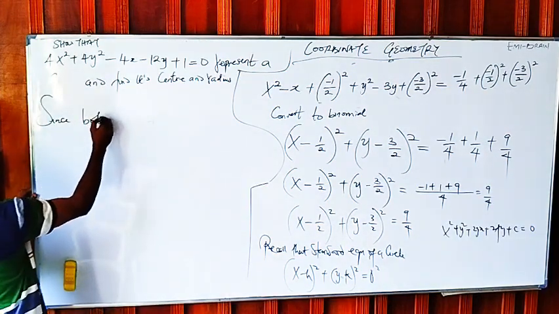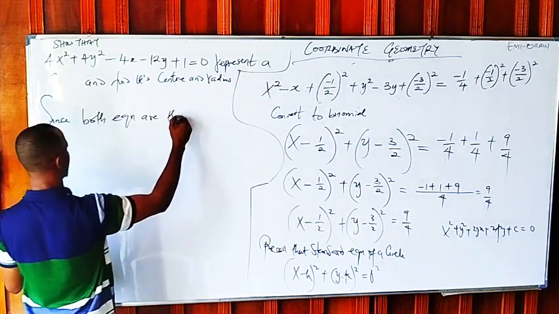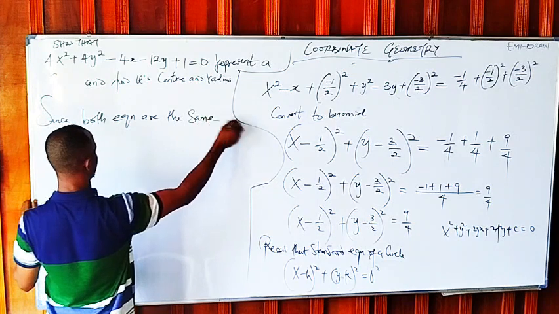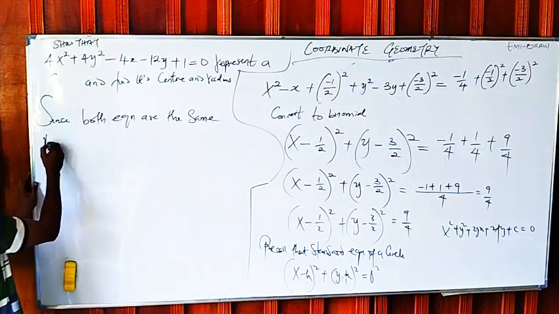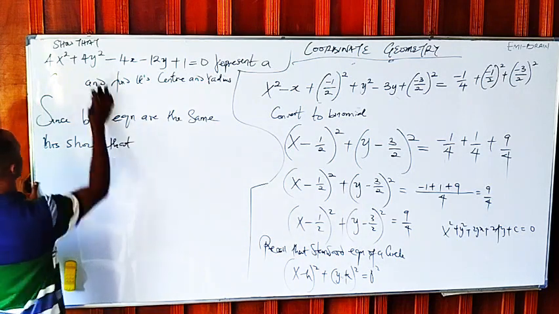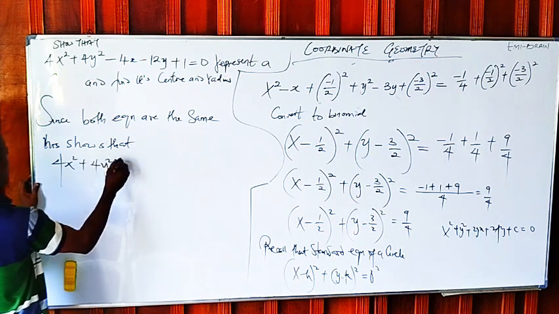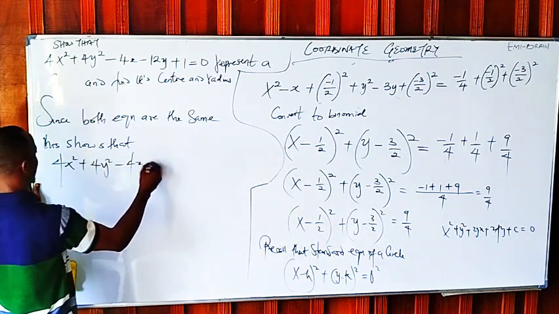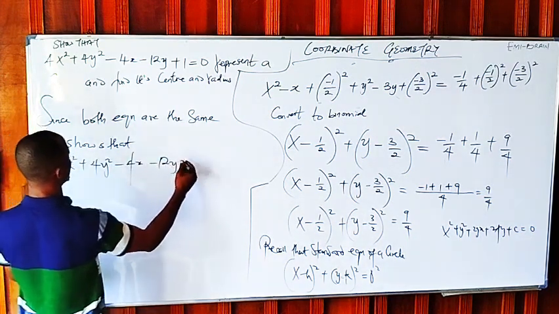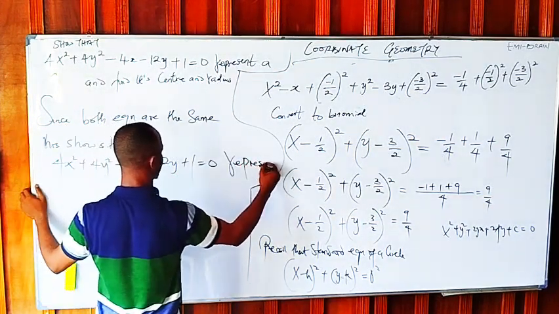Since both equations are the same, this shows that 4x squared plus 4y squared minus 4x minus 12y plus 1 equals 0 represents a circle.